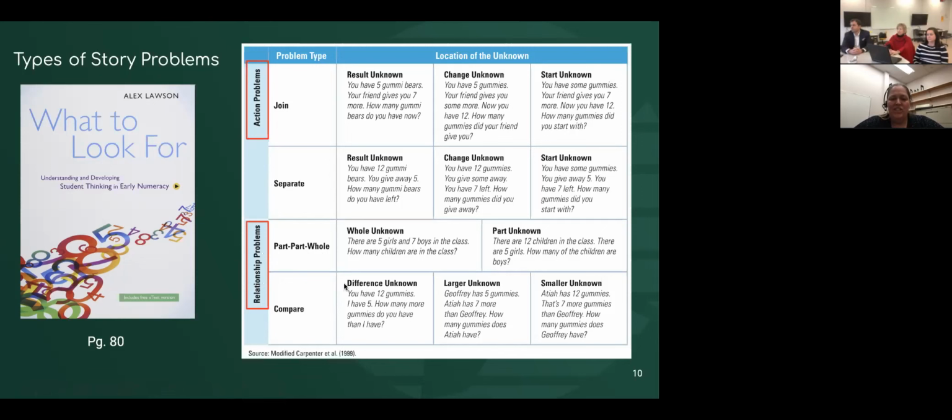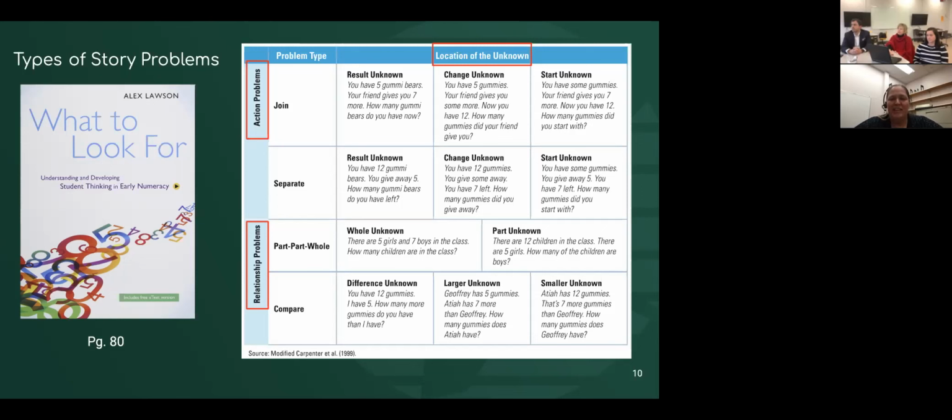In addition to that, he also identified that where the unknown is in the problem is really important for educators to understand, because where the unknown is can definitely increase the challenge of a problem, and it can also support students to think differently.